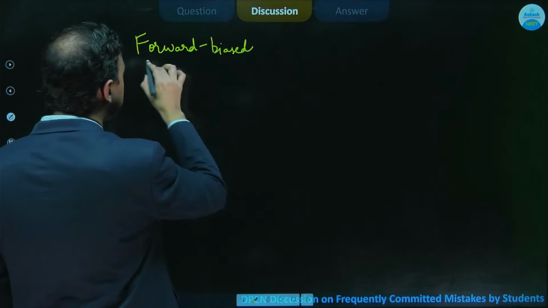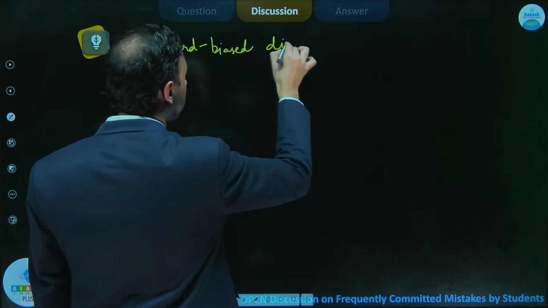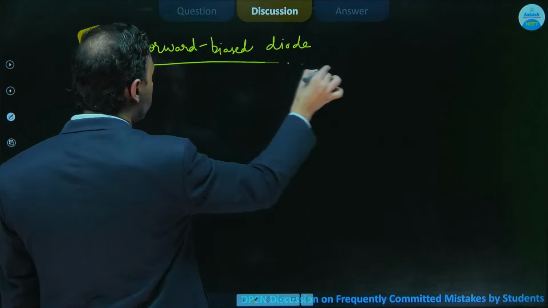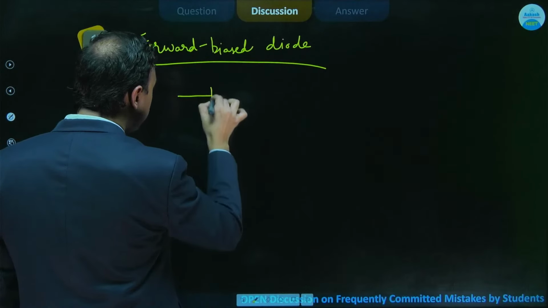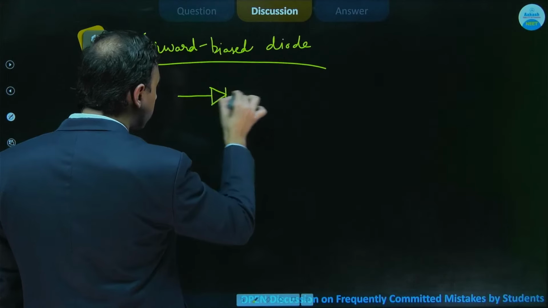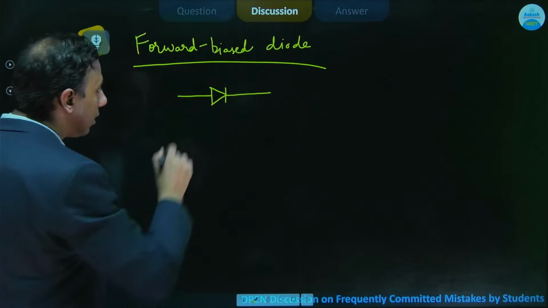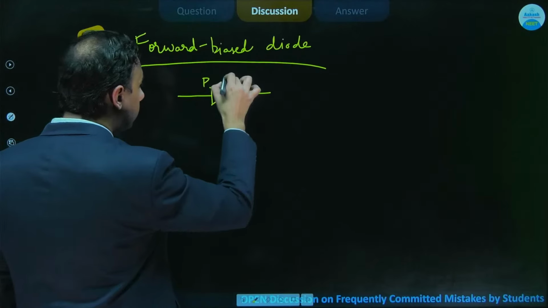So forward biased diode, or call it FB diode, right? So let's say I am drawing a simple diagram of diode like this. Okay, this is your P side and this is your N side.